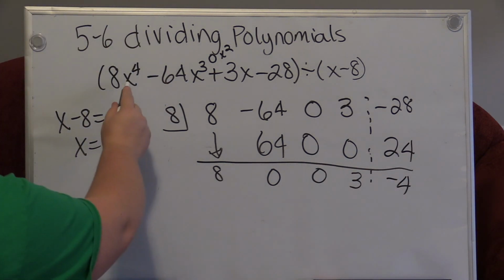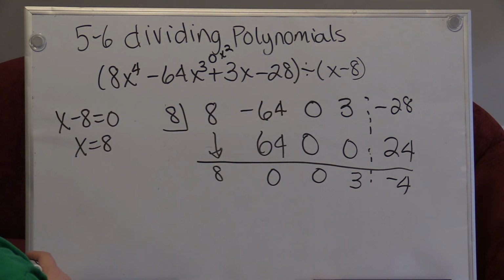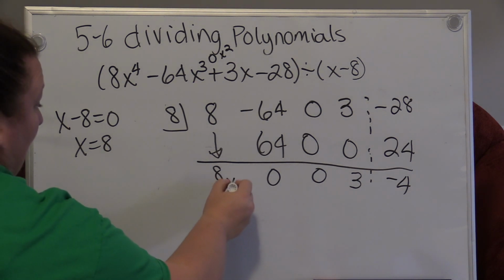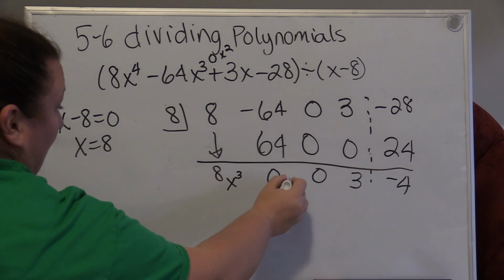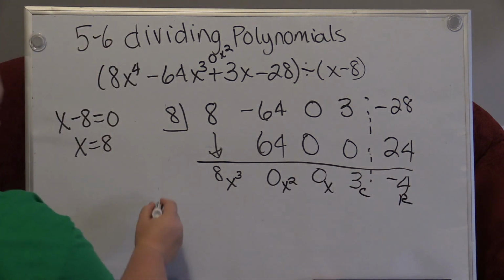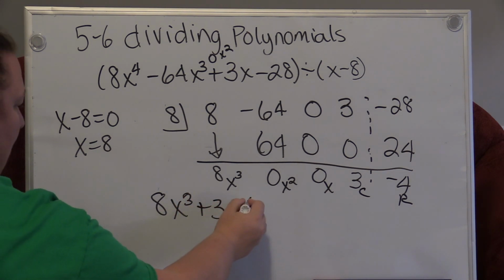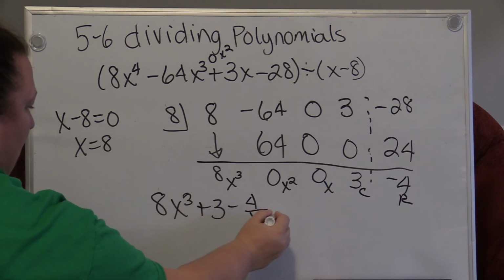Now here we started with x to the 4th and divided by x. So 4 minus 1 is 3. So I get x cubed, x squared, x, constant, and remainder. And my answer is 8x cubed plus 3 minus 4 over x minus 8.